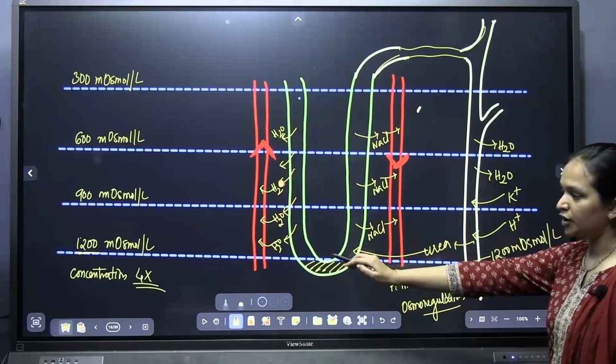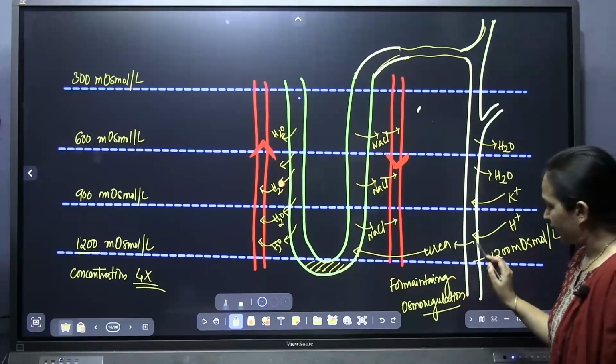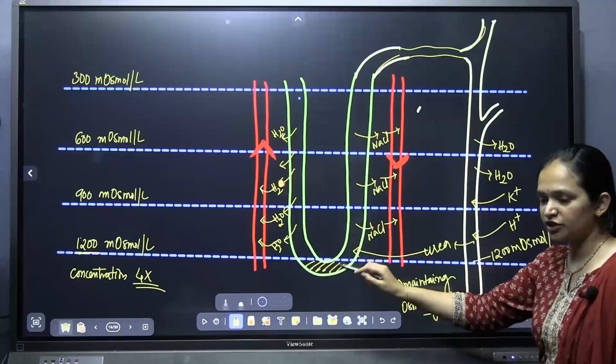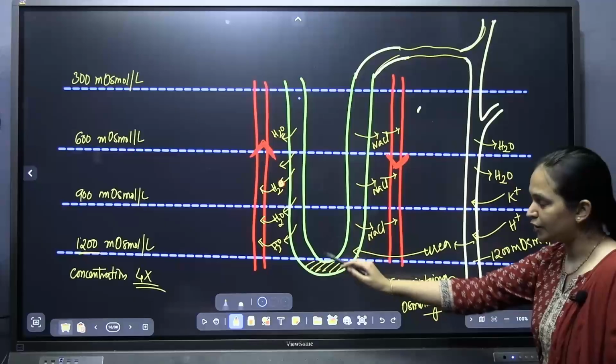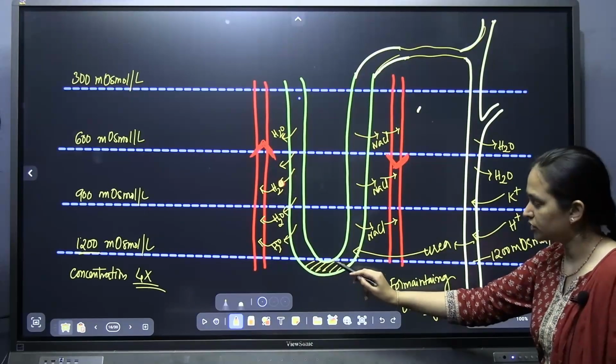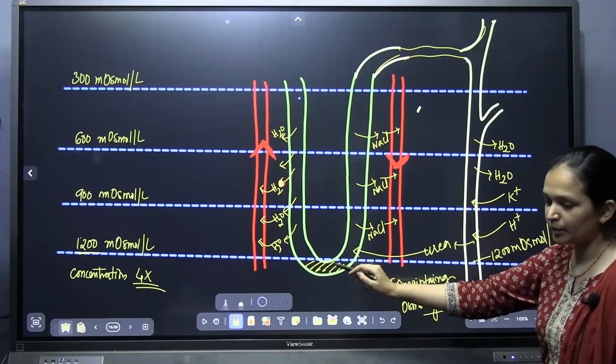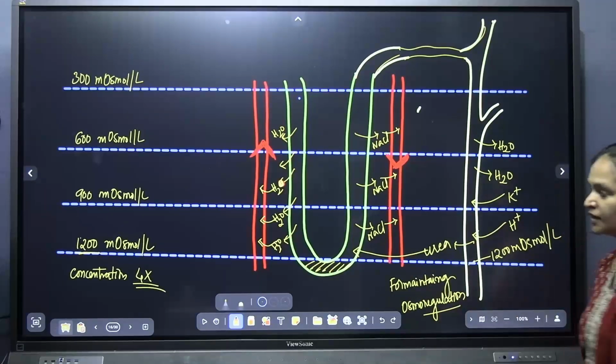By adding urea, this will be the highest concentration here, right? We are taking the urea from here and adding it here, which means we need to make it the topmost concentration in the medulla. So this is about the countercurrent mechanism. Understood?